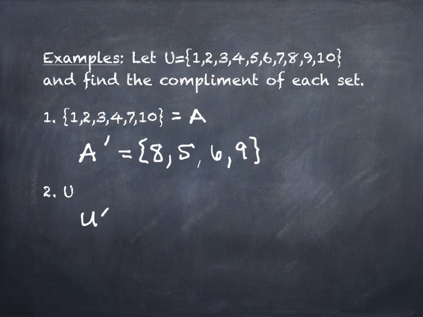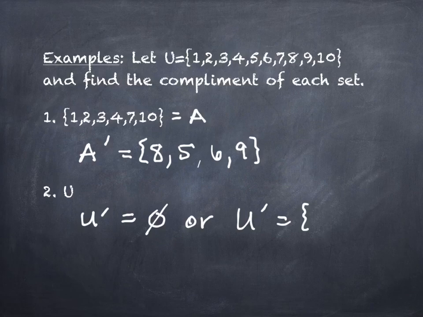So I need everything in the set 1 through 10 that's not in the set 1 through 10. That's the null set. We encountered that last time, or a couple times ago actually, Monday. So you can either list this as the empty set like that, or you could list it as the empty set like this, right?